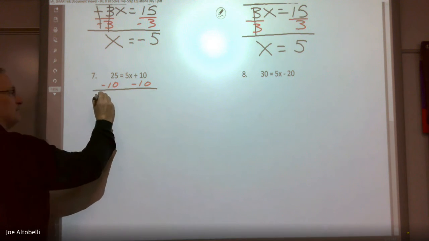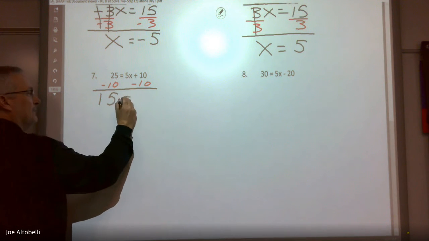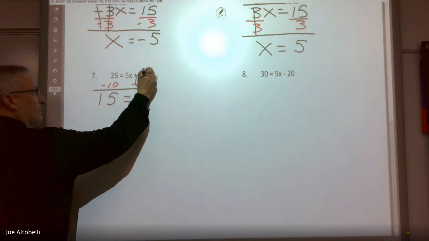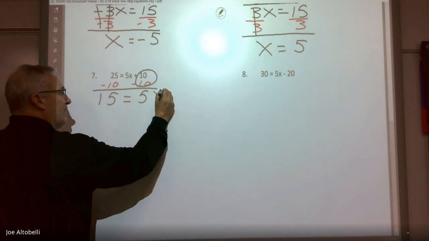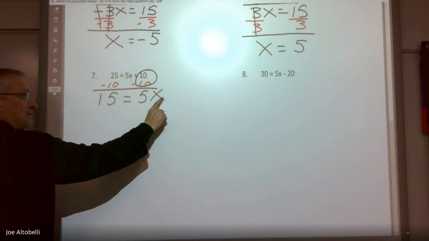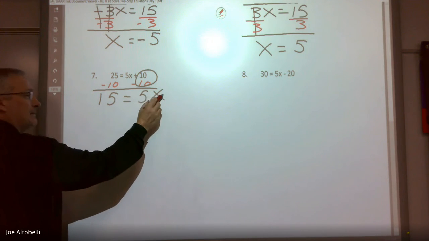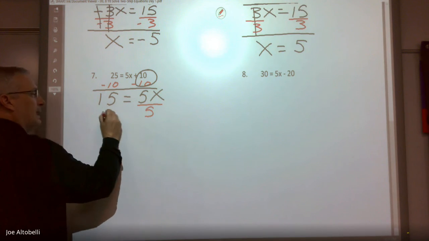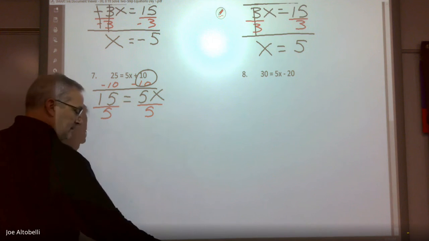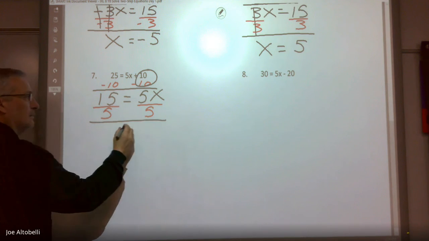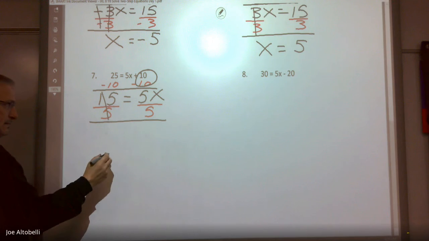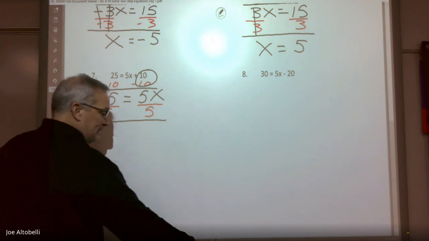25 minus 10 is 15, and that will equal then, this zeroes out, 5x. Again, my x is over here, so you're asking yourself, how do you undo 5 times x? We divide by 5. And, whoops, I didn't do that.